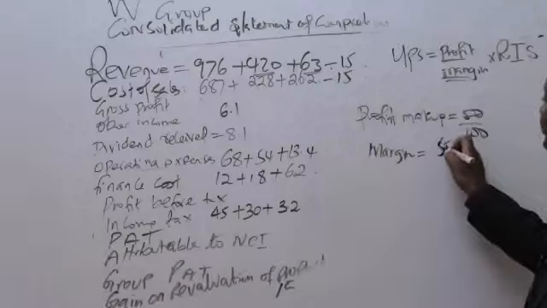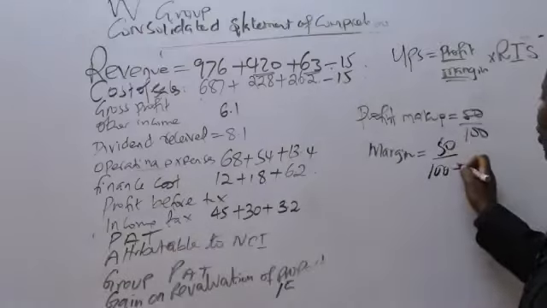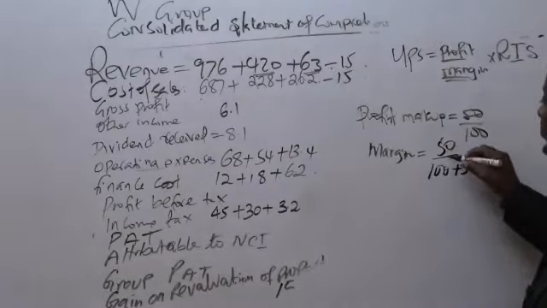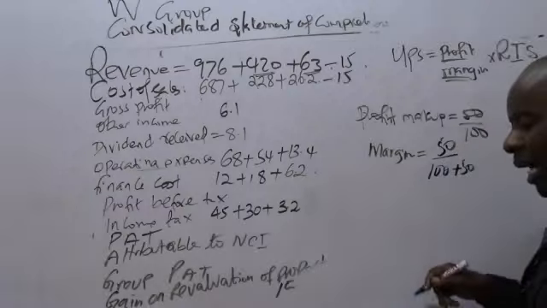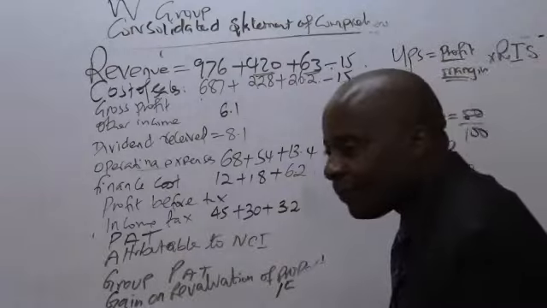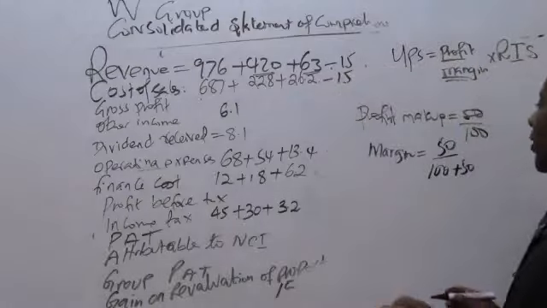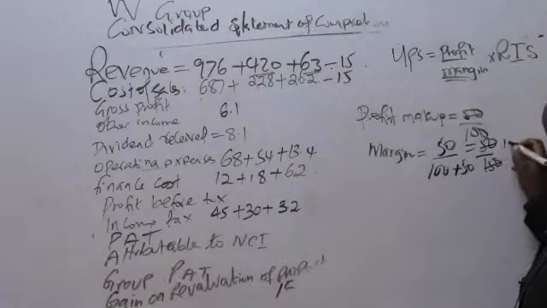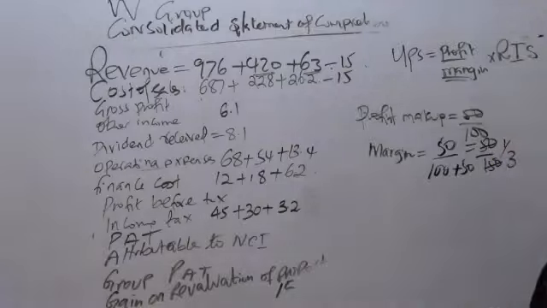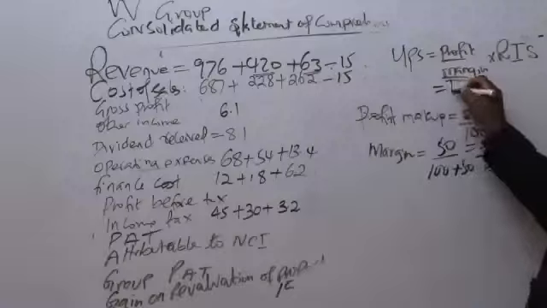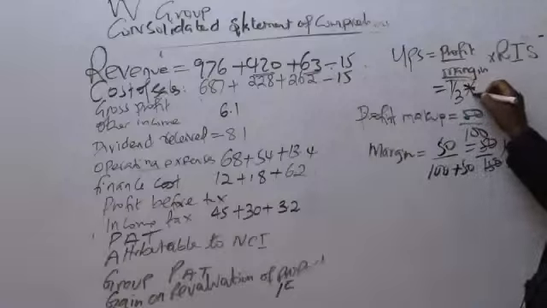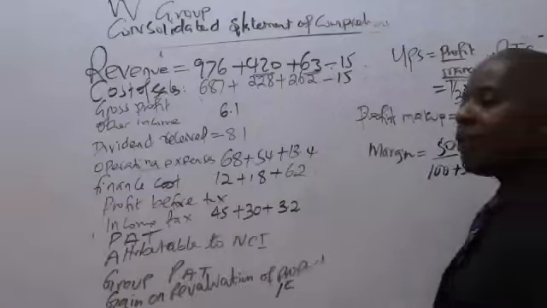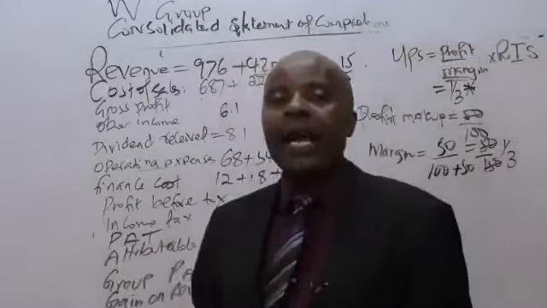You take the numerator, which is 50, and add it to the denominator. So this will be 50 over 150, which is the same as a third. So profit margin is a third, times remaining intra-sales.